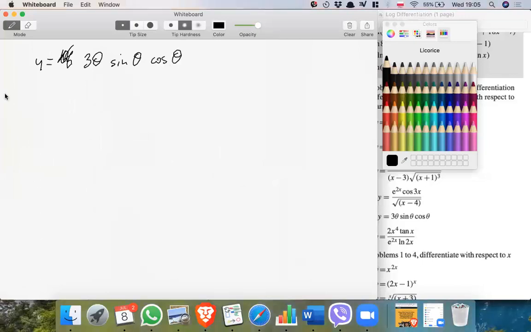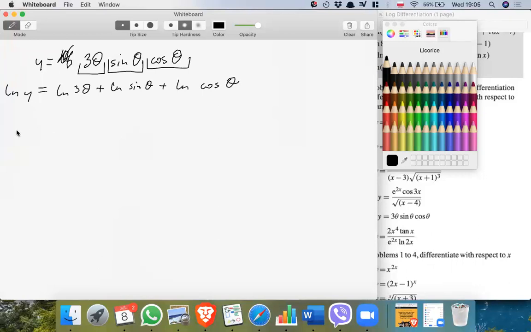Then take a natural log of both sides, and I'm going to keep this together. This is 1 and this is 1, so that will be ln y equals ln of 3 theta plus ln of sine theta plus ln of cos theta.